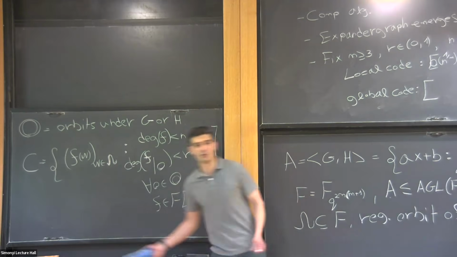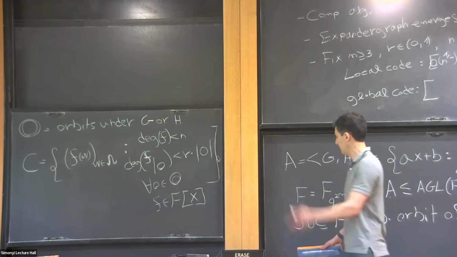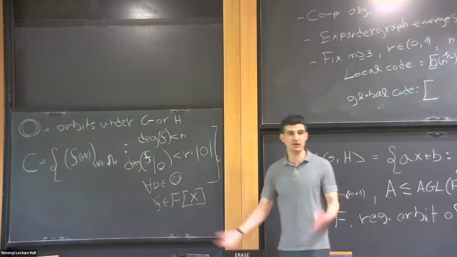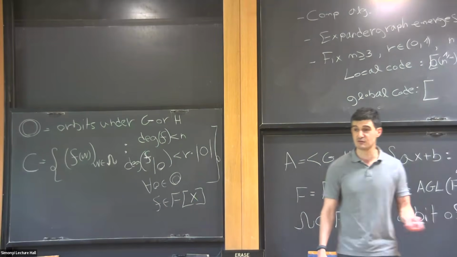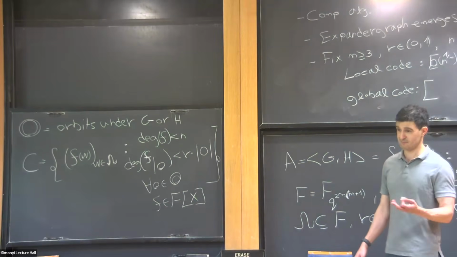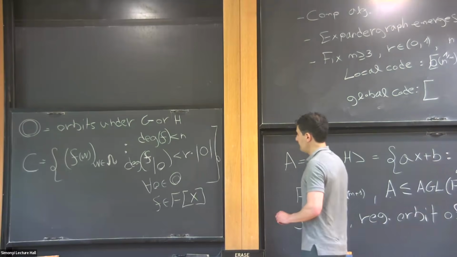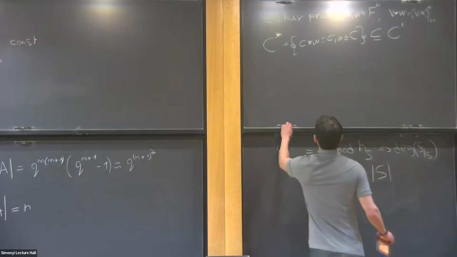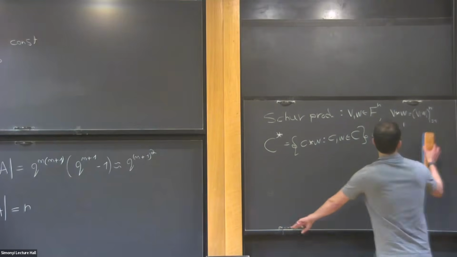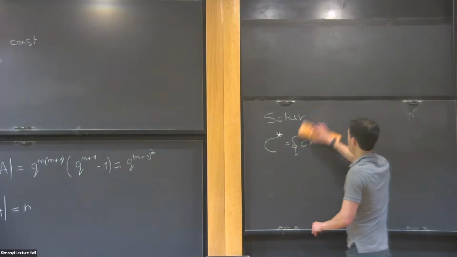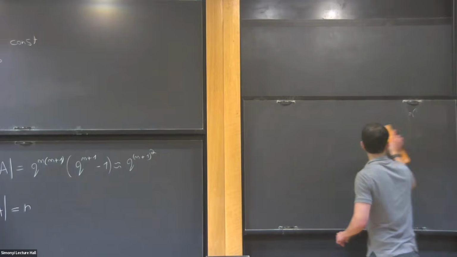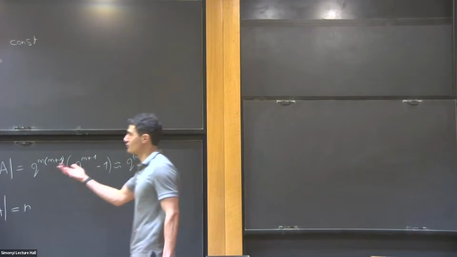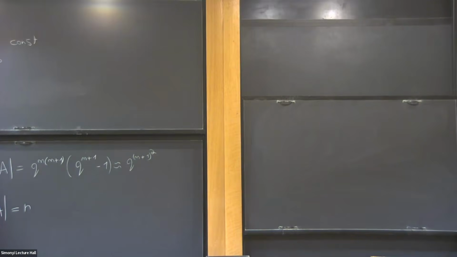Okay, so this is a very nice object, but why would it be a good code? We need to argue about the rate and the minimum distance of the code. Maybe we say a few trivial observations on this code.